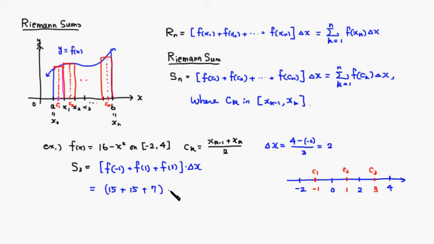Then you multiply by 37 times 2, which equals 74. So this is the Riemann sum, where you're just using the midpoint of each interval. All right, that's it. I hope that this was clear.